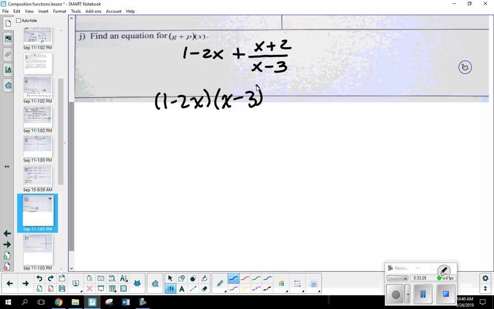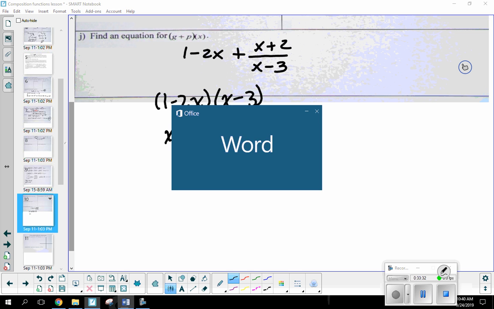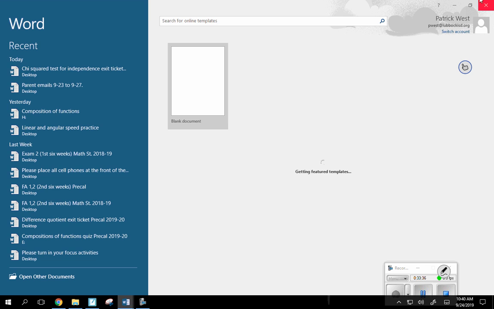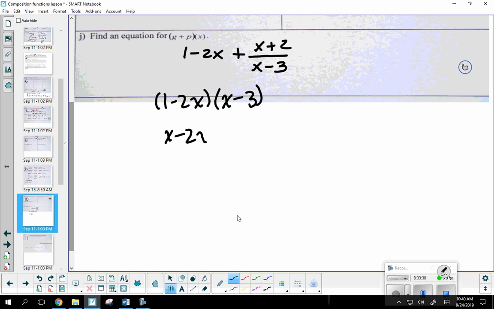Okay. All right. So 1 minus 2x, x minus 3. We're going to multiply by a version of 1. X minus 2x squared, and then we have minus 3 plus 6x.